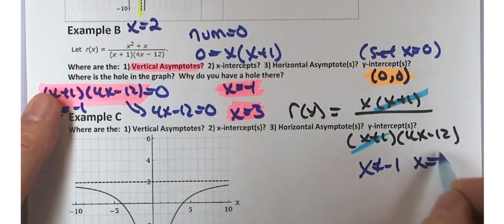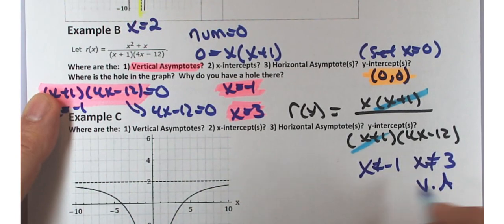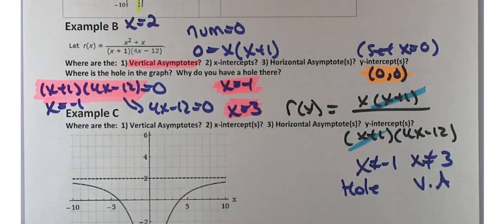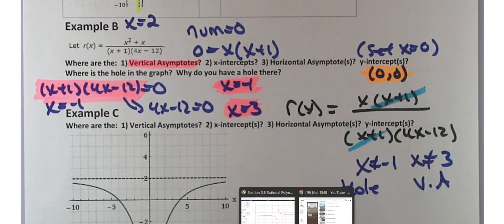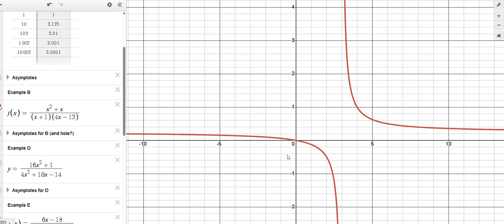x can't equal 3. That gives you your vertical asymptote, but here you've got a hole in the graph, and it's kind of tough to see those holes. So let's take a look at the graph here, see if we can spot that hole. I'm going to slowly trace along this graph, see if I can get that hole to show up.